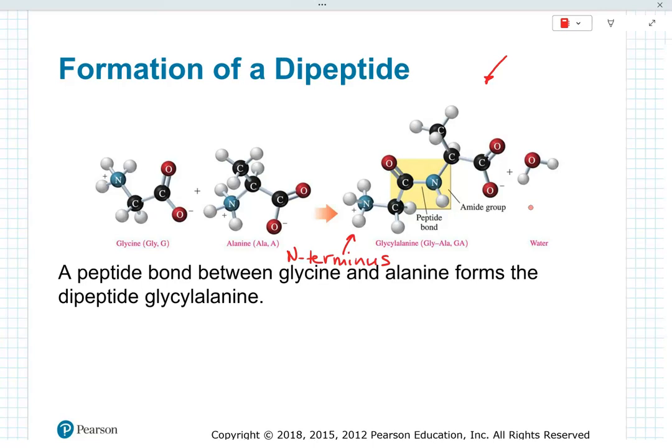The end of a peptide which carries the carboxyl group is called C terminus. The naming starts at the N terminus.